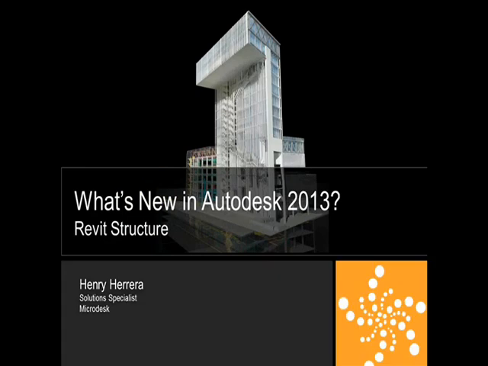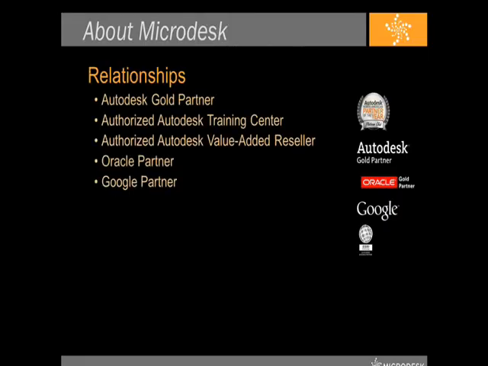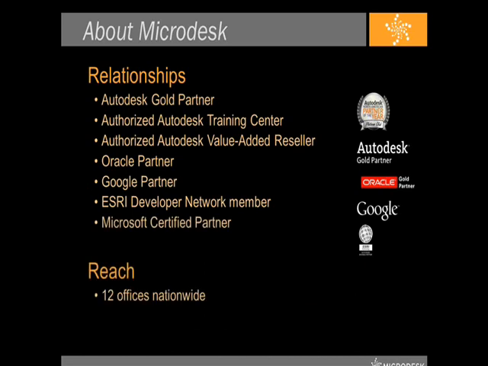Welcome to today's webinar, What's New in 2013, Revit Structure. For those of you who aren't familiar with us, Microdesk is an Autodesk Gold, Oracle, and Google partner. We provide technology training and consulting solutions for the AEC industry. We have 12 offices located throughout the East and West Coast with a staff of over 90 consulting and technical specialists.